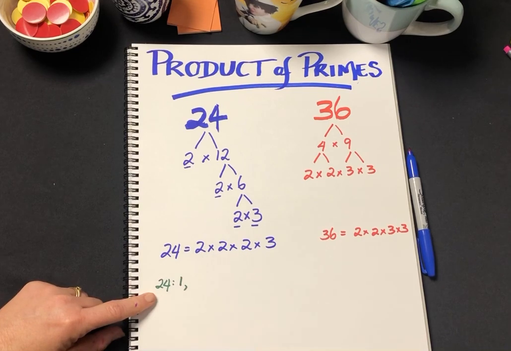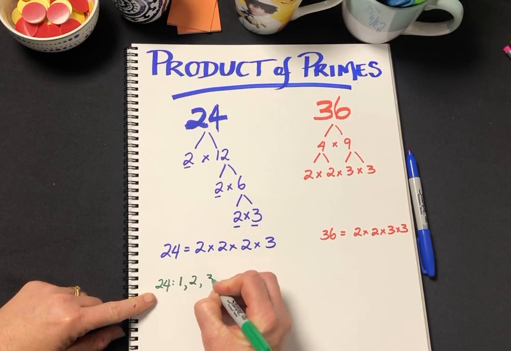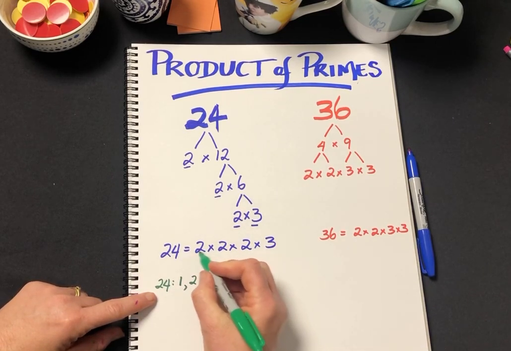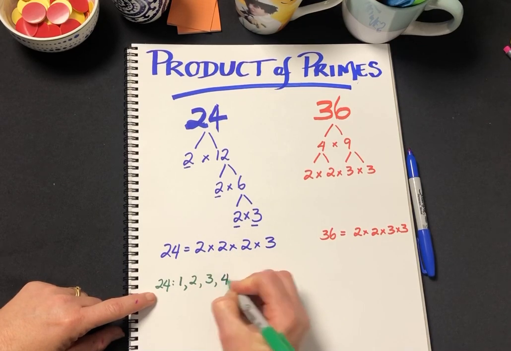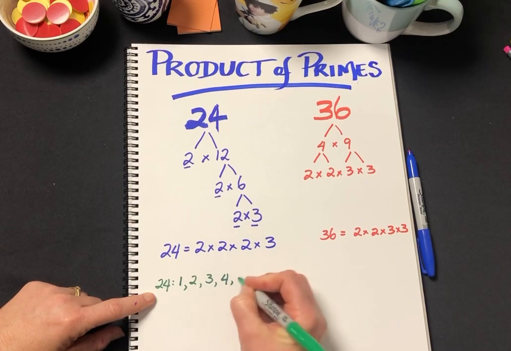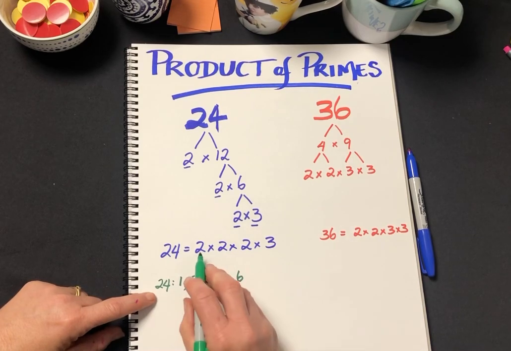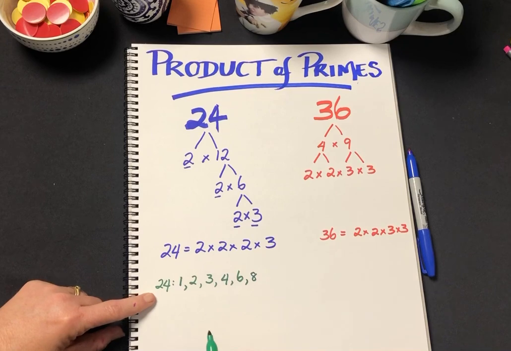We can have 2 by itself. We can have 3 by itself. Let's look at combinations of 2 numbers. 2 and 2, 2 by 2 is 4. That's going to be a factor. 2 by 3 is going to be a factor, 6. Let's look at combinations of 3 numbers now. 2 times 2 times 2 is 8.